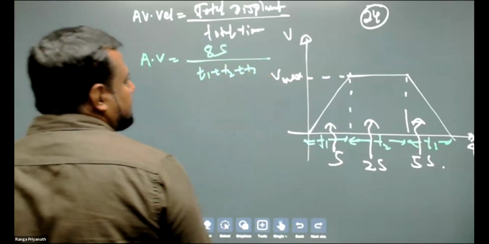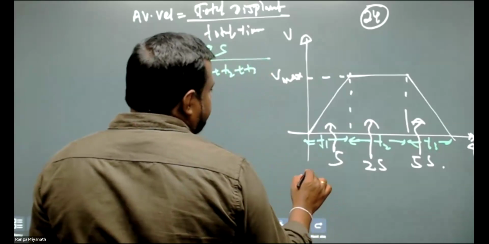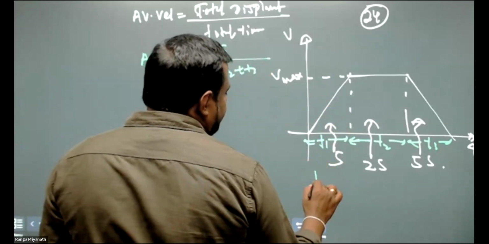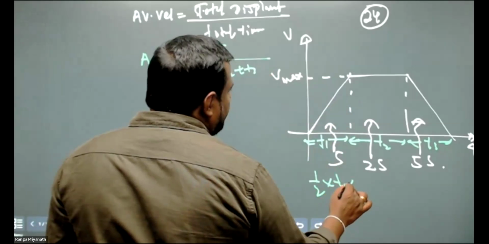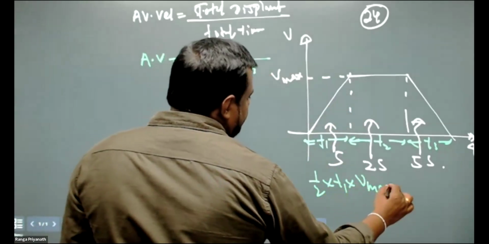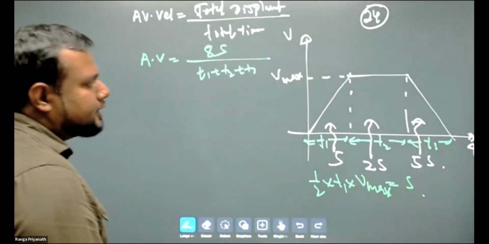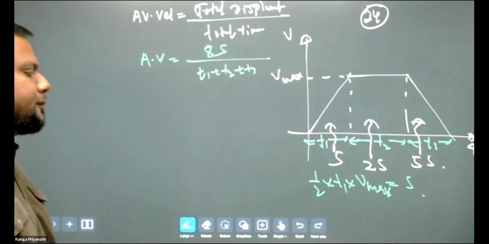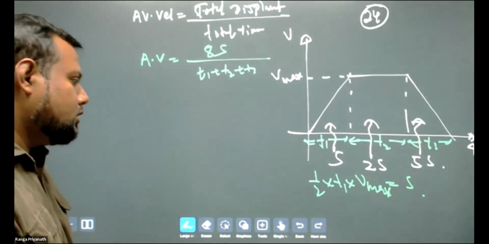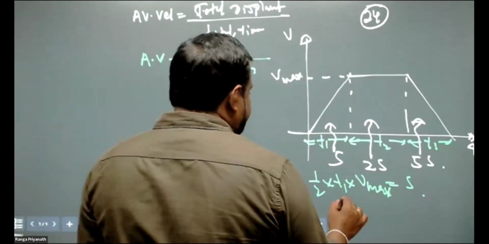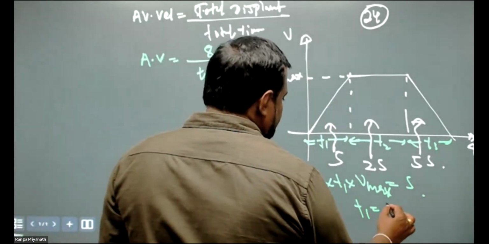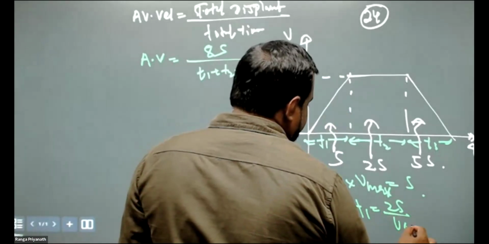What is t1? When you check the area of the triangle, half of t1 times Vmax must be equal to s, because area is equal to the displacement in a VT curve. So t1 is equal to 2s divided by Vmax.